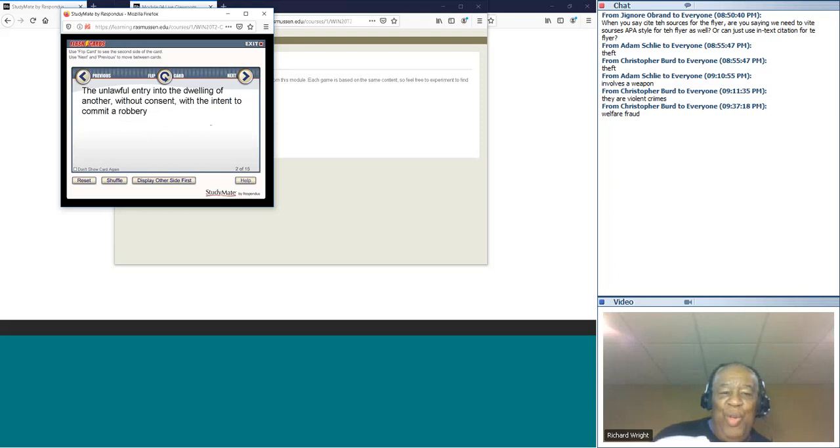The unlawful entry into the dwelling of another without consent with the intent to commit a robbery. What is that? Any guesses? Everybody falls for that one.